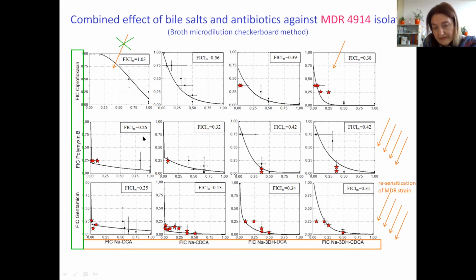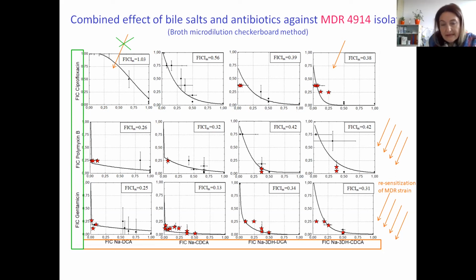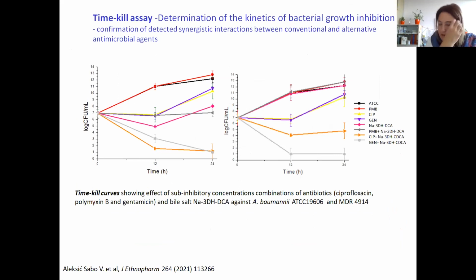So we suppose that bile acid salts or derivatives undermine membrane stability of the bacterium, and they help these antibiotics, gentamicin and ciprofloxacin, to get into the pathogen cells.